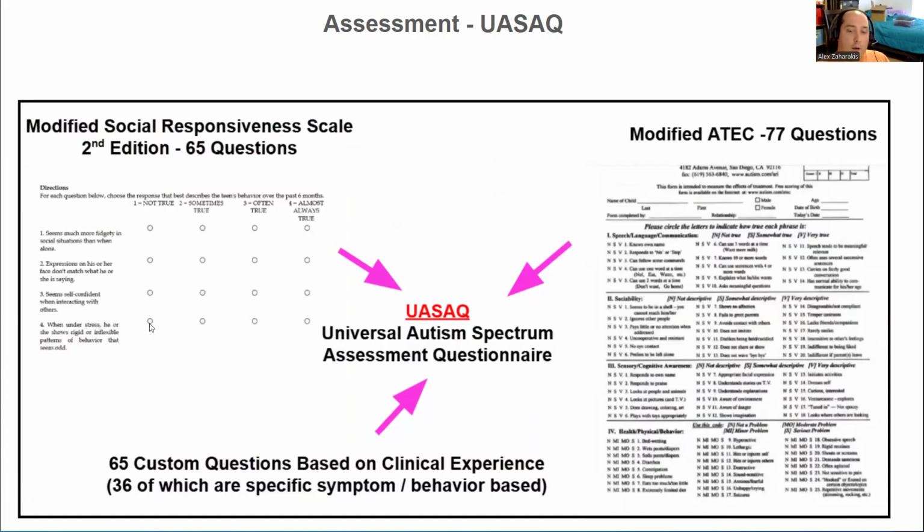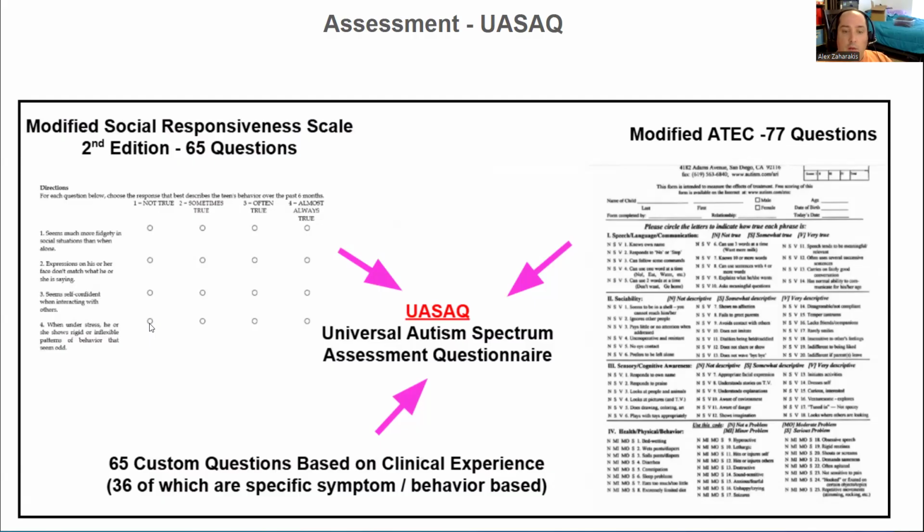So how did we formulate the assessment? I think there's strengths to some of the assessors out there. We decided to go with modified metrics for the ATEC and the SRS2. These are already assessors that exist, and they've been used clinically.